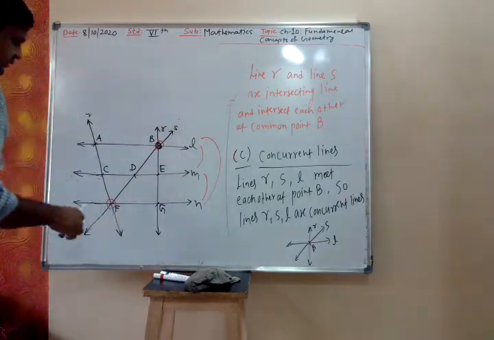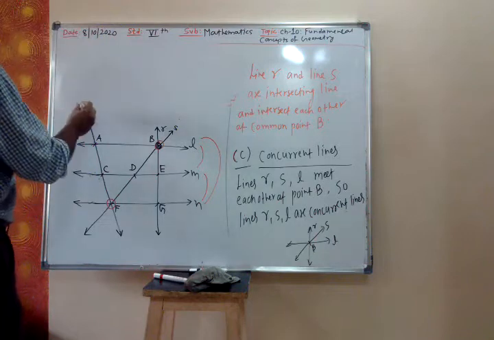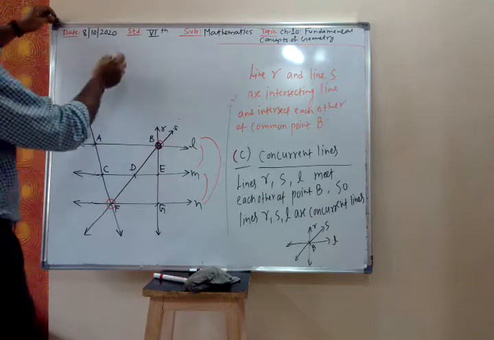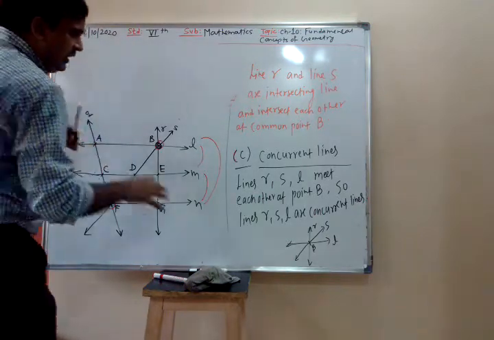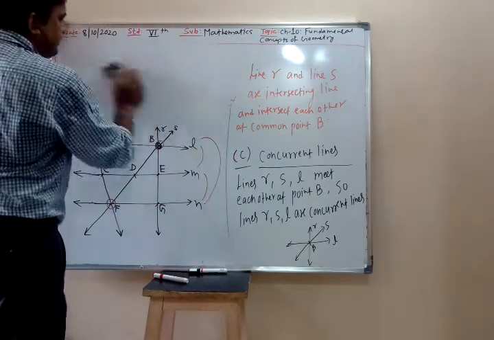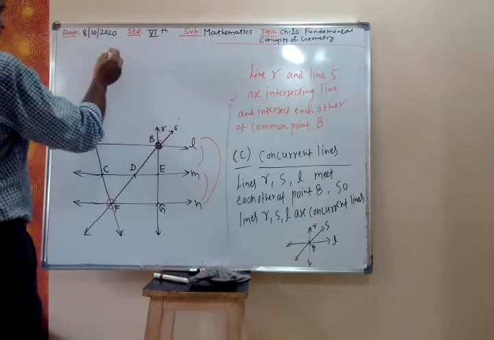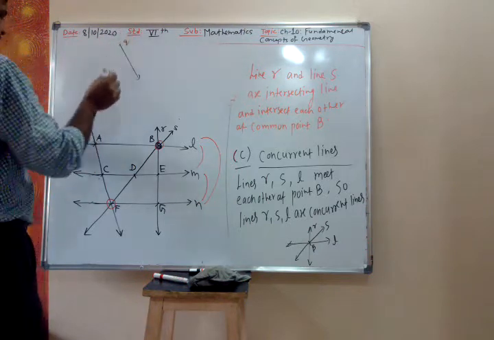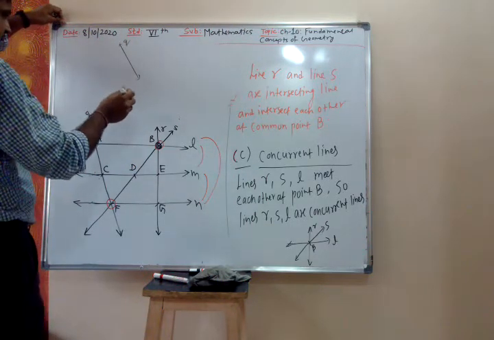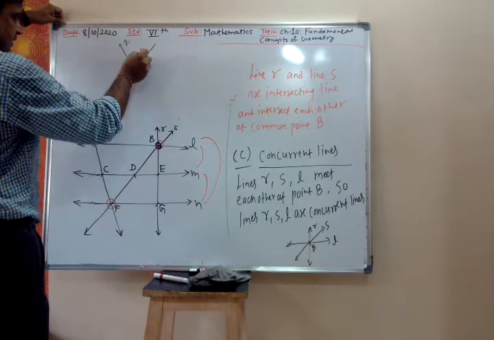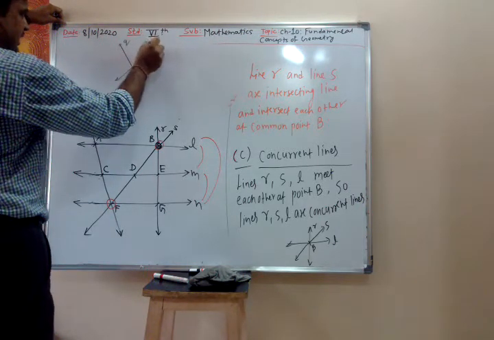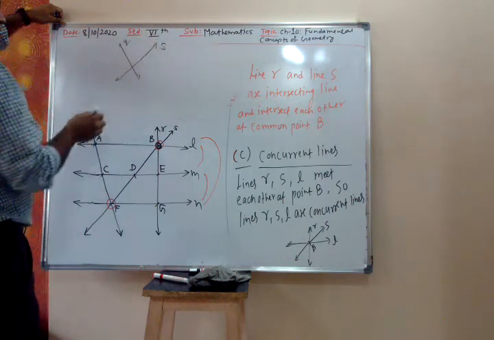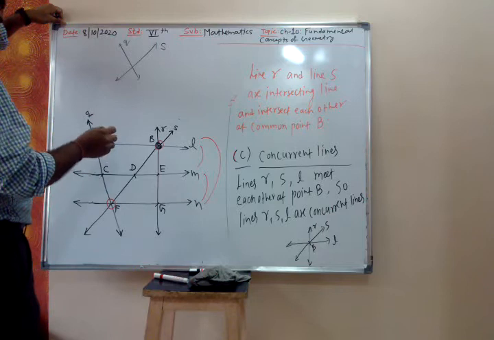Now let us take the line Q. This is my line Q. Then we have line S. Draw this separately. This is my line S, and they meet each other.